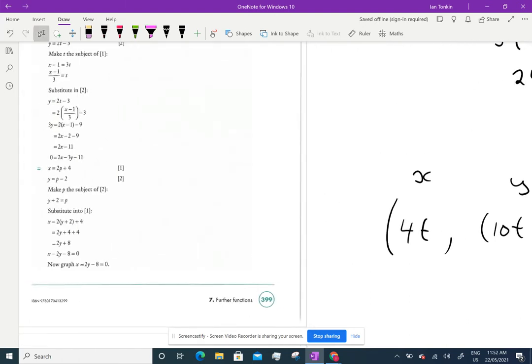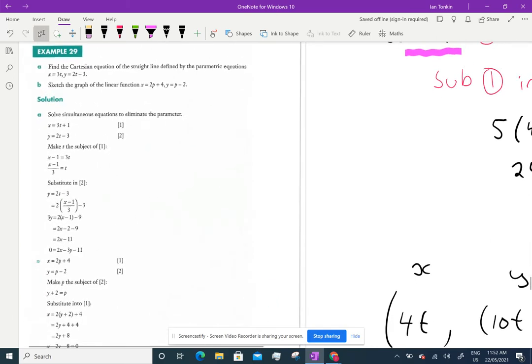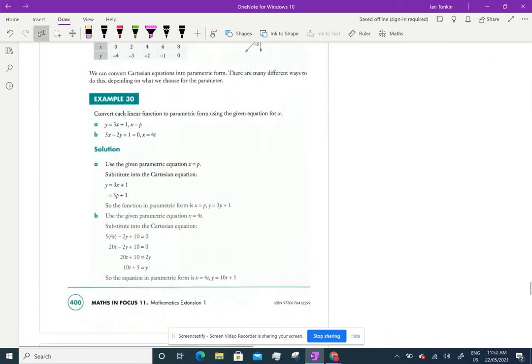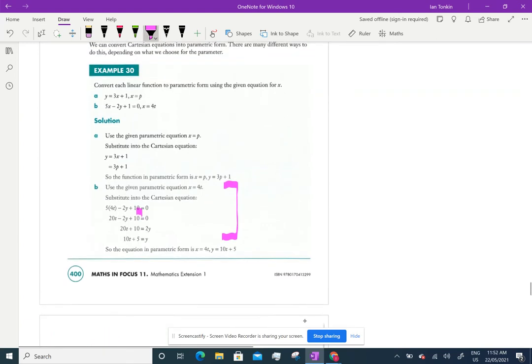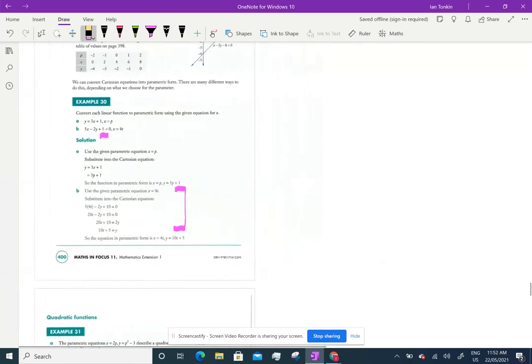You don't have to write it as a coordinate, and that question, see how they did it down here? I stole that from this one here. But they changed it to 10. Up here it's 1, and somehow it magically changed to 10 down here. Anyway, so that's linear.